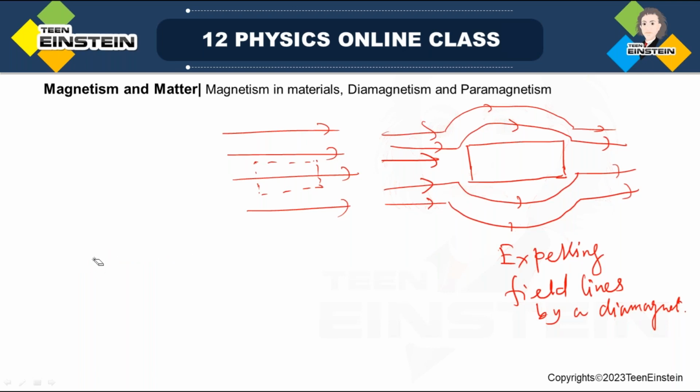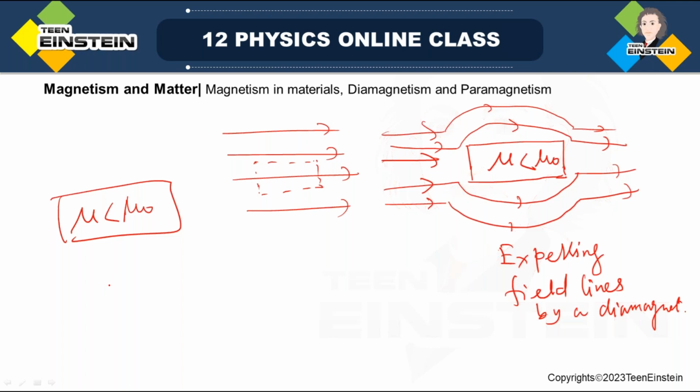This means the permeability of the material is less than the permeability in free space. Okay, so this is the thing. Permeability mu is less than mu 0, the permeability outside.